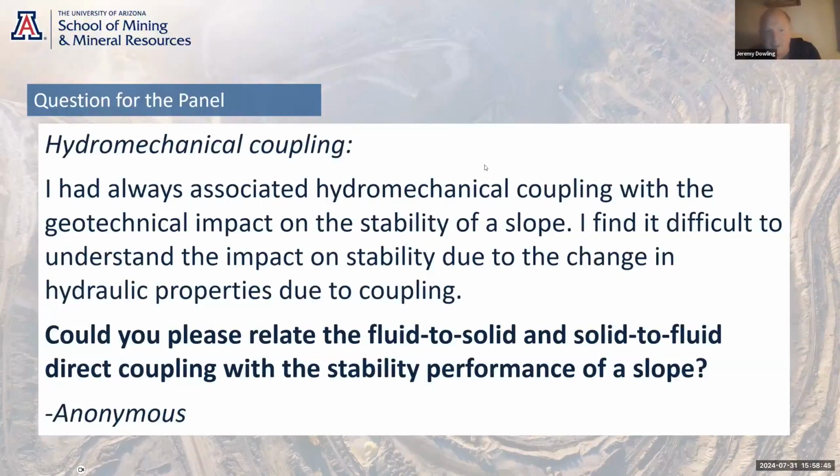And in that case, the pore pressures have dropped due to a geomechanical change or a change in the geomechanical state of the rock. And in theory, the geotechnical performance of the rock would improve with reduced pore pressure. So it could go in different directions in terms of how the changes in the geotechnical state of the rock and the water interact to either improve or reduce the geotechnical performance of the slope.